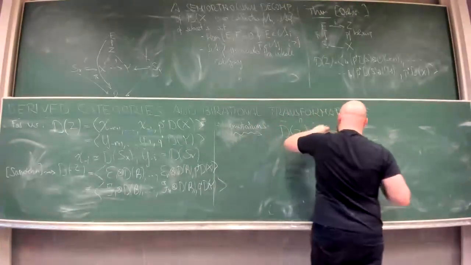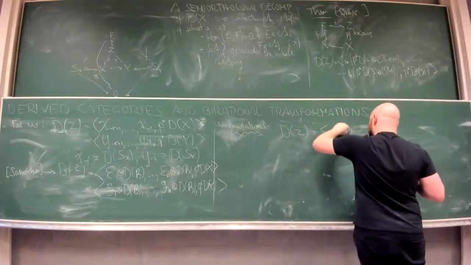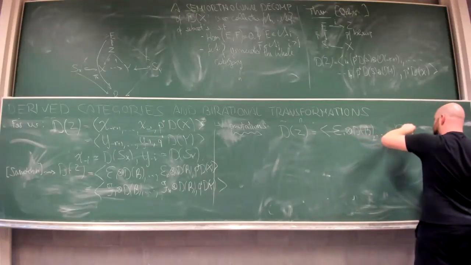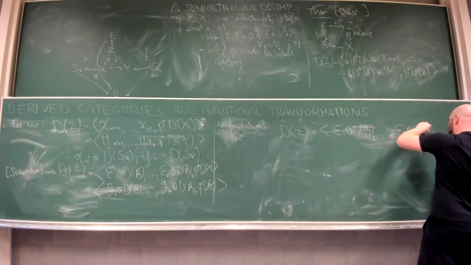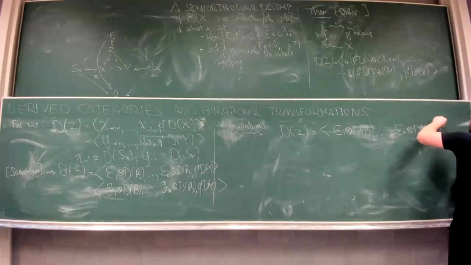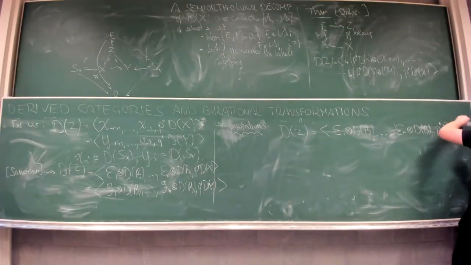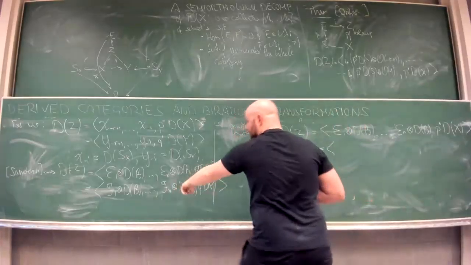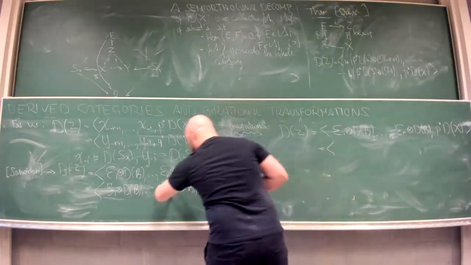D of Z will be given by E1 times D of B up to En times D of B and E pullback of D of X, but also mutating the second one, because we kept this one like this.